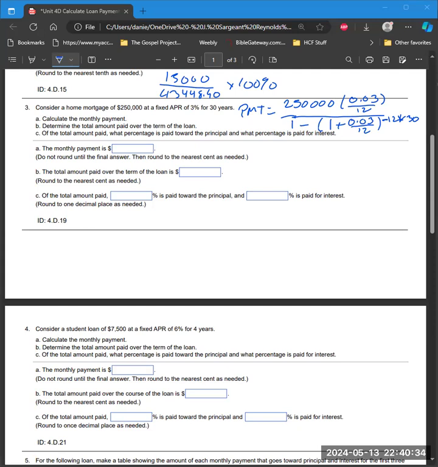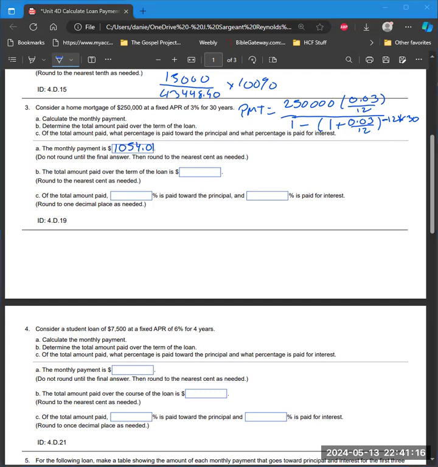250,000 times 0.03 over 12, over 1 minus parentheses 1 plus 0.03 over 12, close my parenthesis, raised to the negative 12 times 30 power, and I get 1054.01 for my monthly payment.